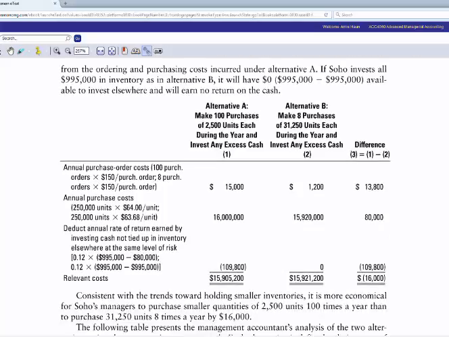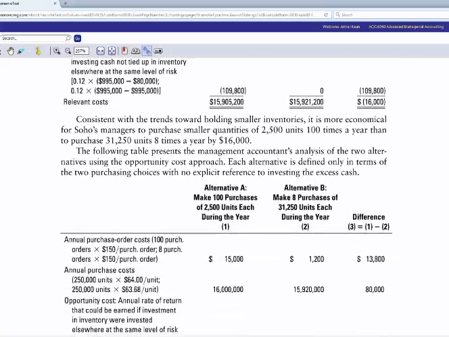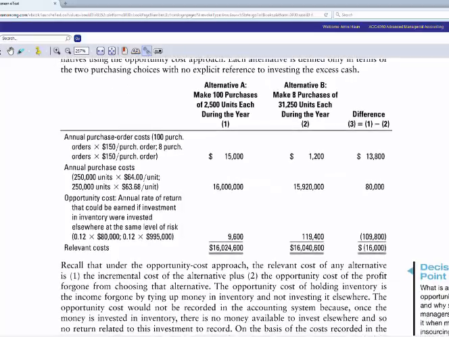The other way to look at it is the opportunity cost approach. Again, you guys can see here that the purchase order line remains the same. It's cheaper to go with Plan B regarding purchase orders. It's cheaper to go with Plan B due to the discount.